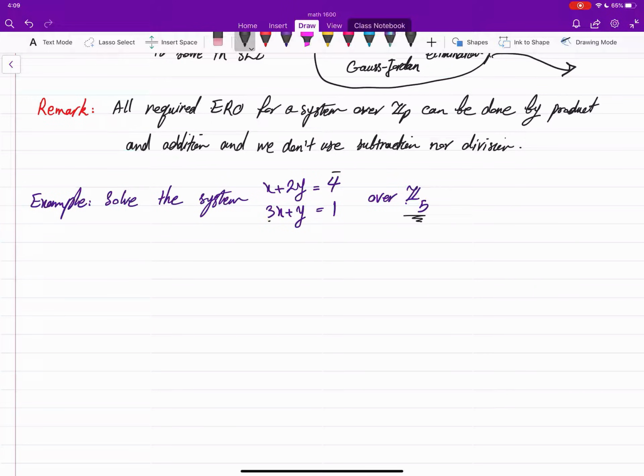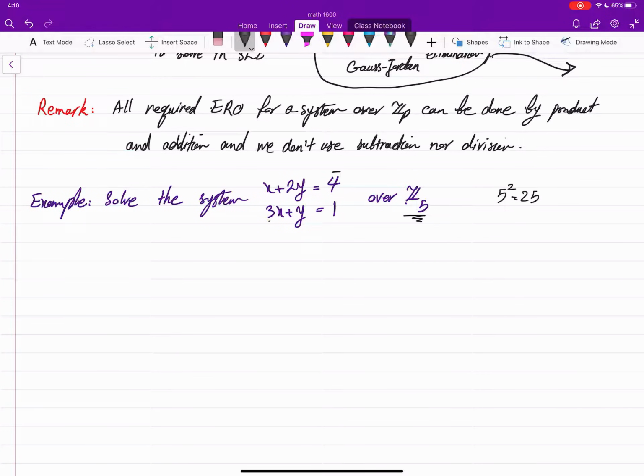In this case, we are working with Z5. Remember that to solve such a system, we have two components, so we will have 25 different vectors in Z5^2. You can plug in 25 different possible vectors and then check which ones are solutions.